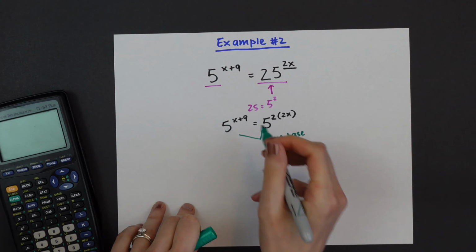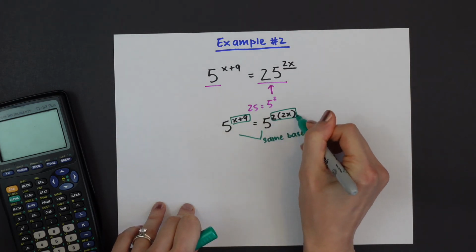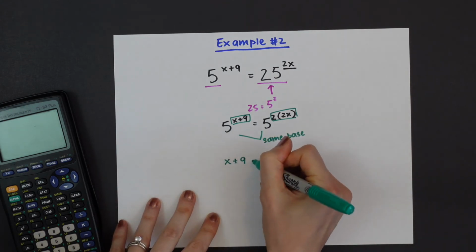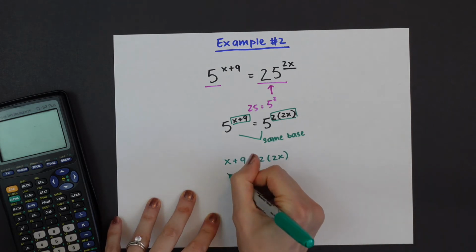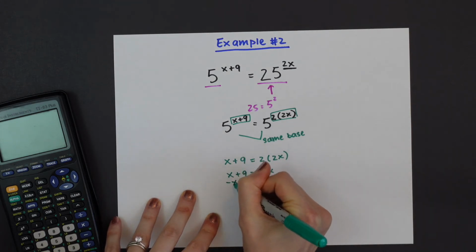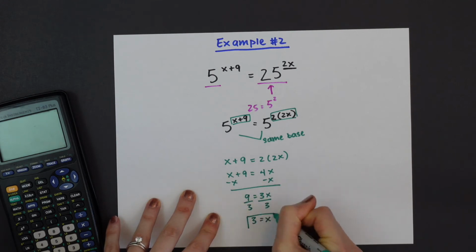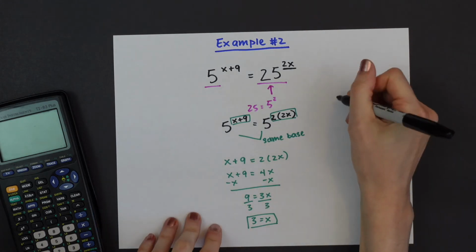Which means we can take the exponent values and set them equal to each other and solve for x. So we have x plus 9 is equal to 2 times 2x.